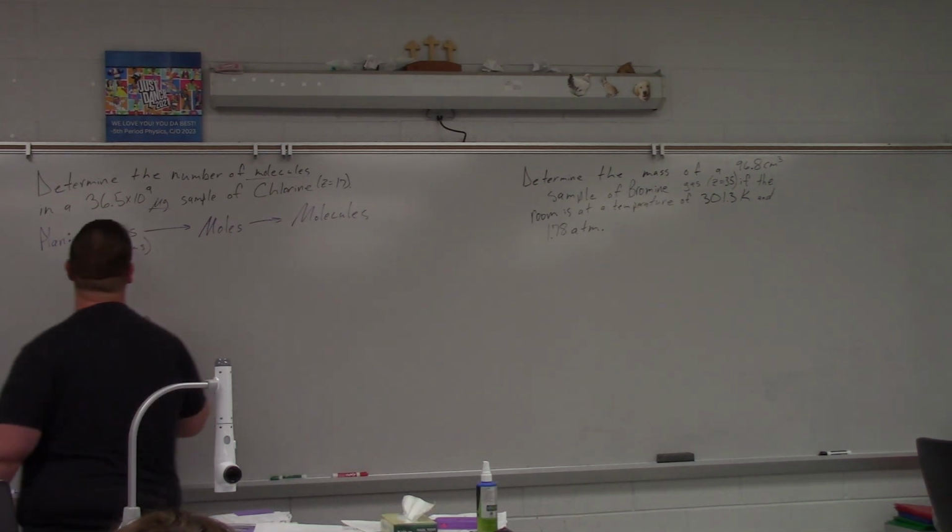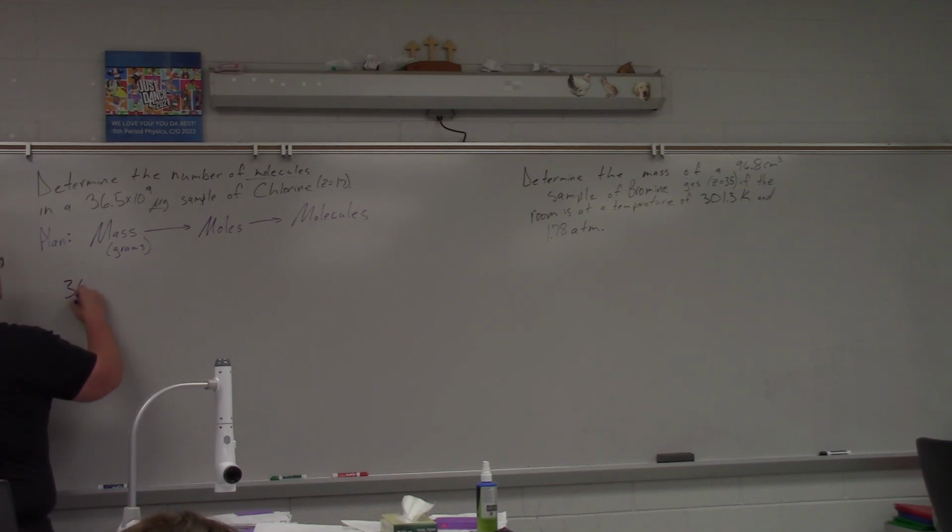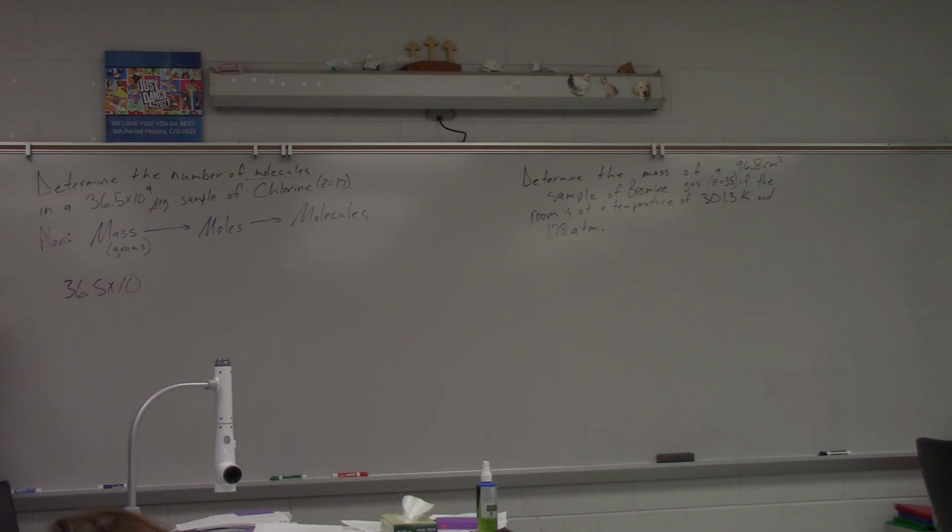So we are looking at the difference here. I'm going to change the number. What I have is 36.5 times 10 to the something or another. I'm going from micrograms to grams. Look at the difference in the exponents. The exponential value for micro is -6. I subtract the exponential value for the base unit, which is 0. -6 minus 0 is -6.